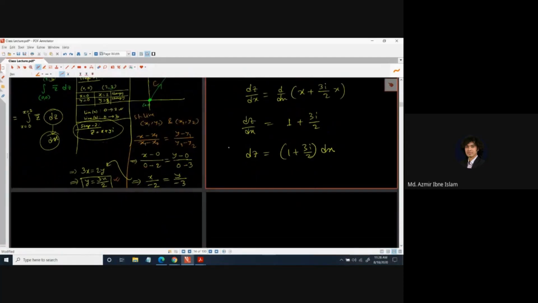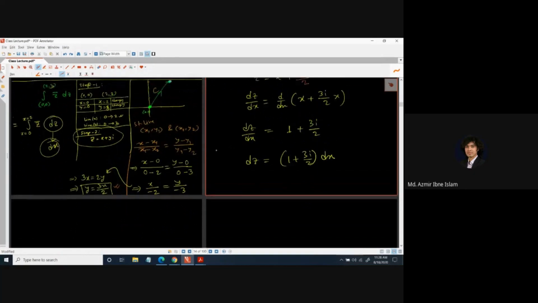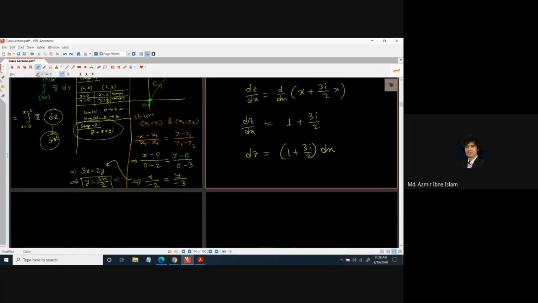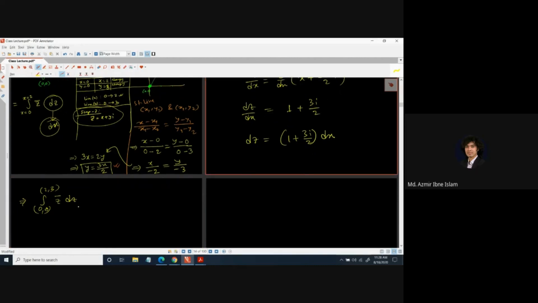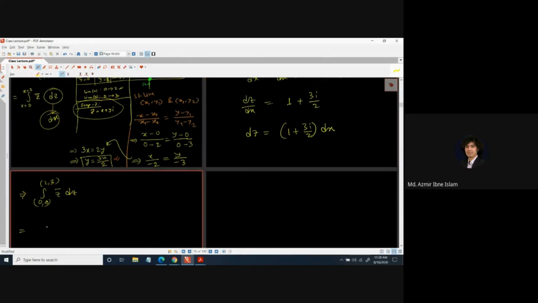So now I am trying to write again so that you will understand the basic things. Previously we have the integral from 0 0 to 2 3 of z bar dz, and then we have found the limits x equal to 0, x equal to 2, z bar, and dz has been converted to (1 plus 3i by 2) dx.